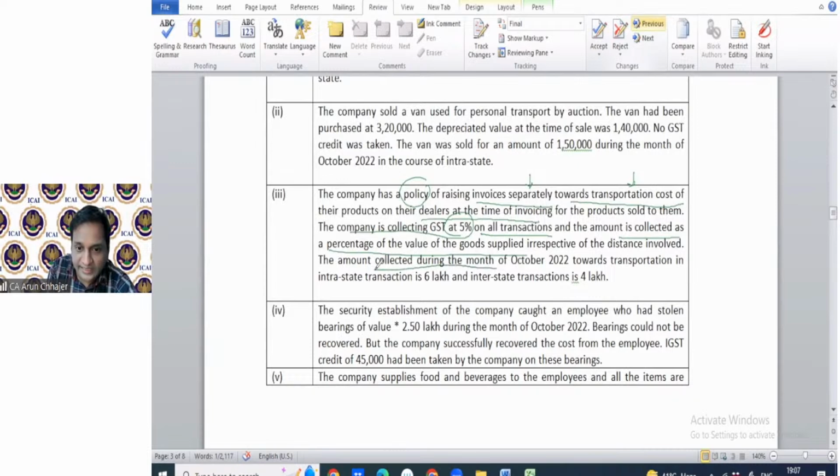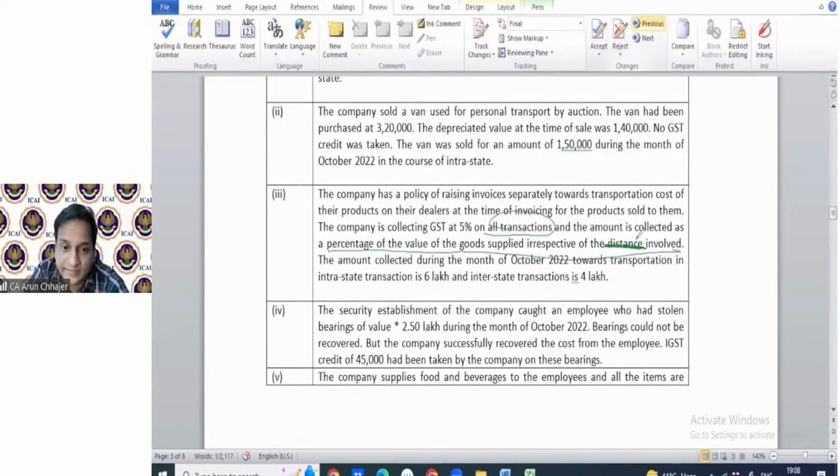The amount collected during the month of October 22 towards transportation in the intra-state transaction is 6 lakhs and interstate is 4 lakh. Now a certain point to be highlighted: they are saying on all the transactions, and the amount is collected as a percentage of the value of the goods supplied irrespective of the distance.